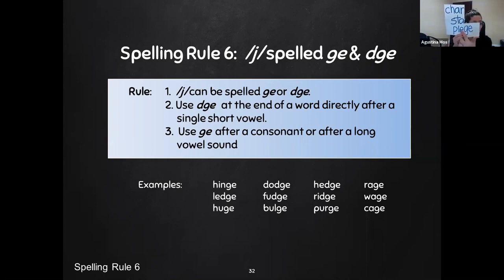So if this was a long vowel sound, this word would be pledge. That's not a word that I know. But pledge, I do. And if it's followed by the DGE, I know that this would be a short vowel sound. Let's see the next one.